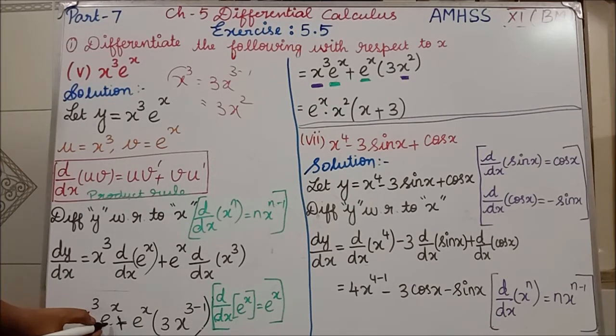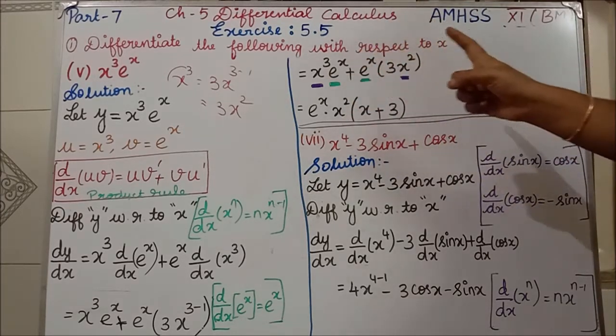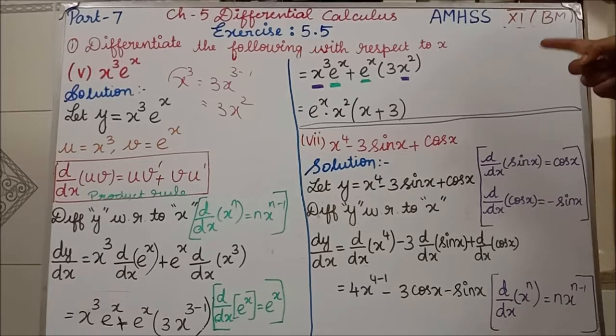Clear all of you? In the next step, see, I have underlined using green and purple. First see both the purple x cube. In the first term we have x cube, and in the second term also we have x. Similarly in the first term we have e power x, and in the second term also e power x. So in both the terms x and e are common, isn't it?